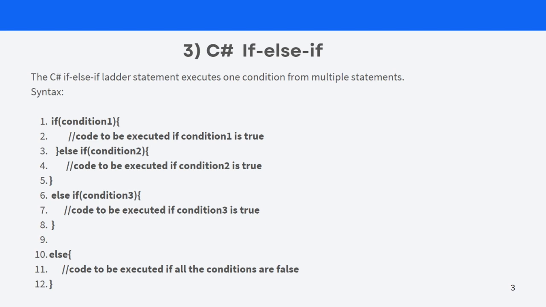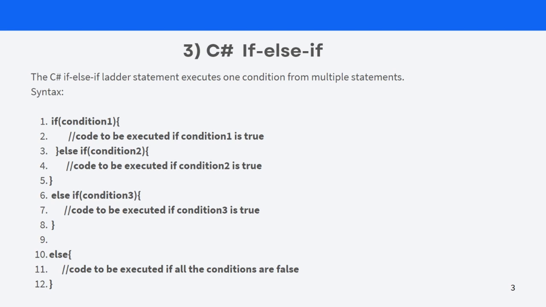Now, let's carry on with the third control statement, which is if else if. In this, the C# if else if ladder statement executes one condition from the multiple statements. For example, if condition 1 in the if block is true, then the code to be executed for condition 1 will execute. If it is not true, then it will check the else if block, which is condition 2.